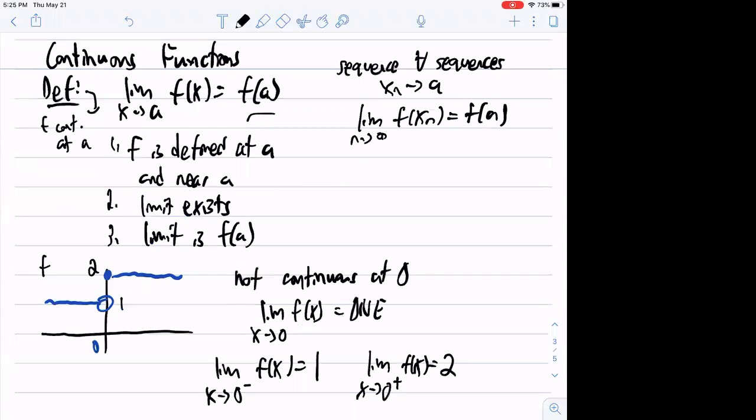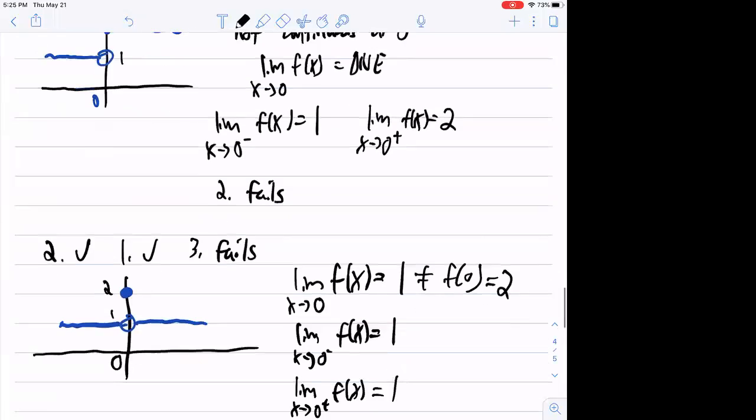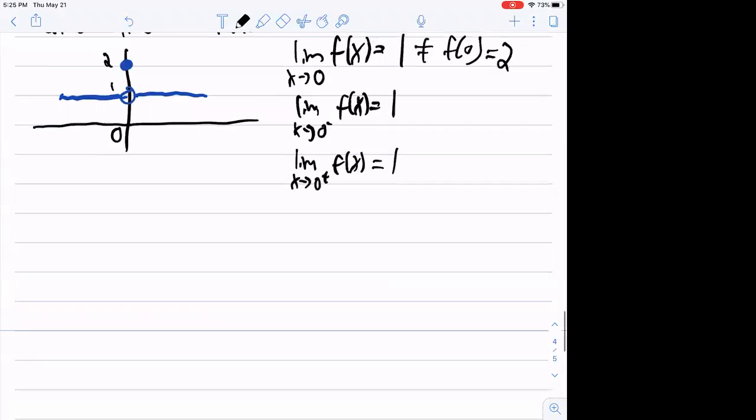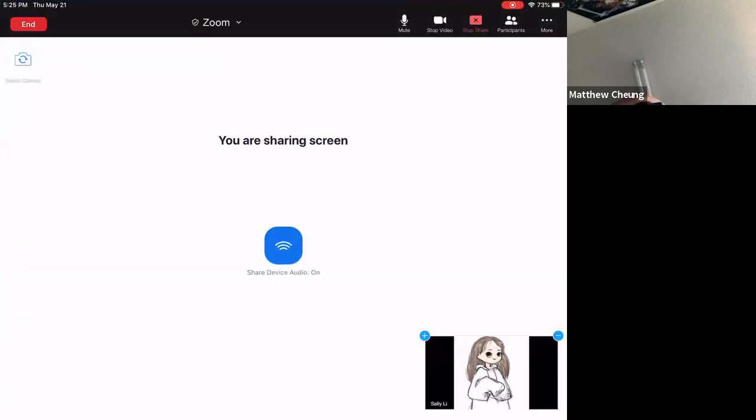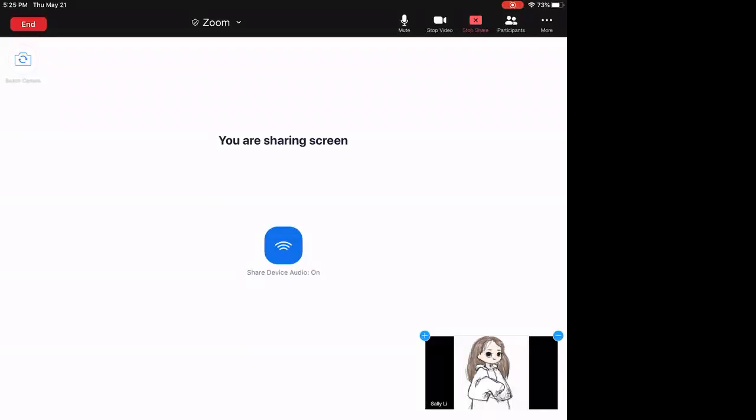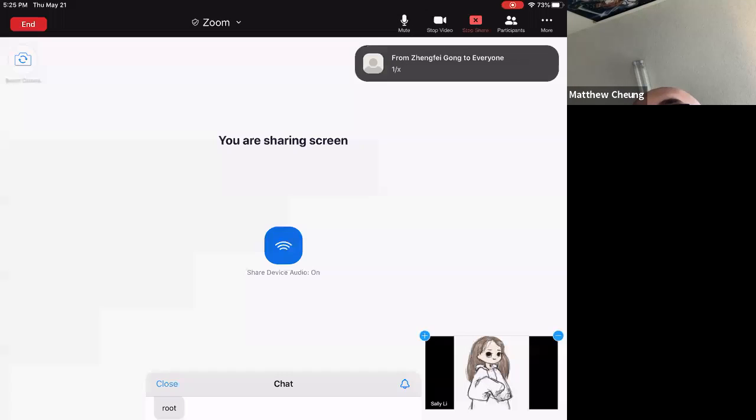Can anyone give me an obvious counterexample to 1? It should be fairly obvious. Give an example of a function not defined at a point. Yeah, like 1 over x, or natural log, right?